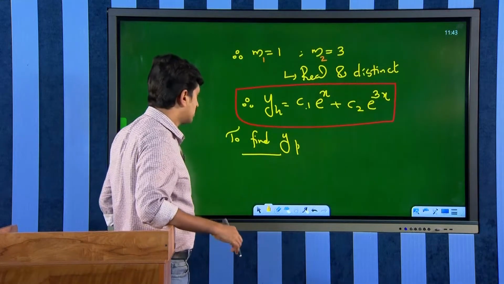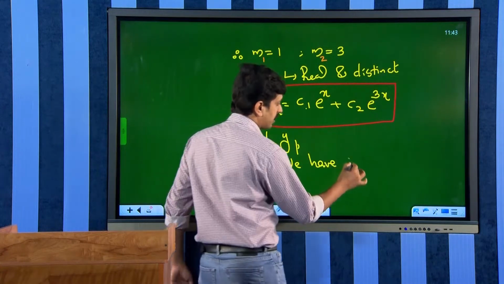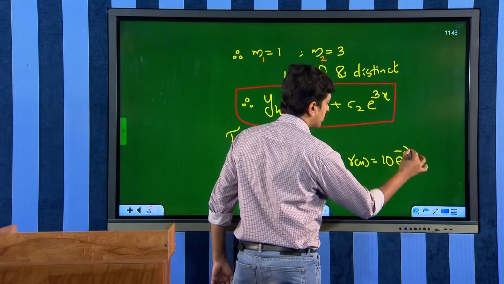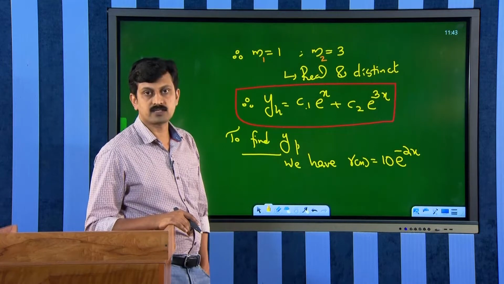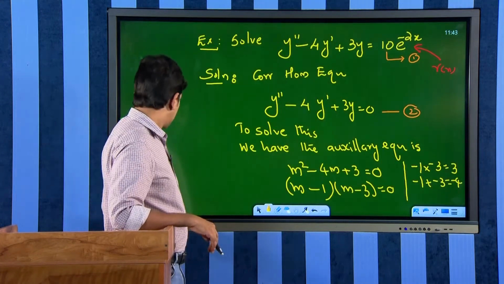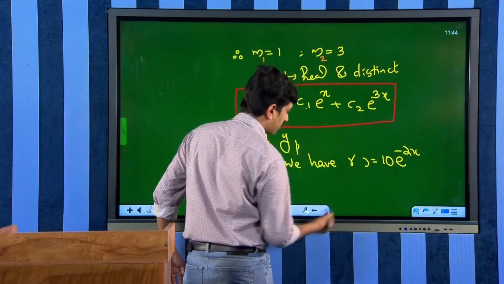See, my dear students, r of x is equal to 10 e raised to minus 2x.